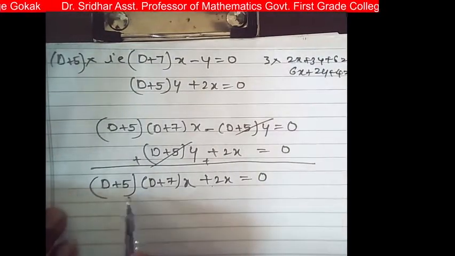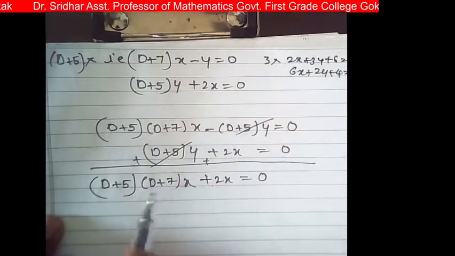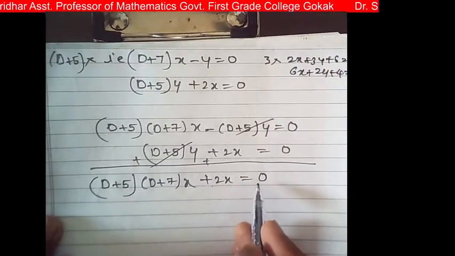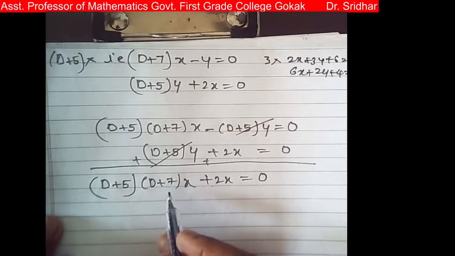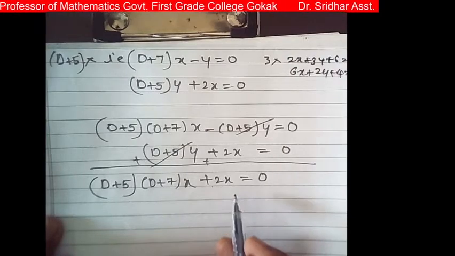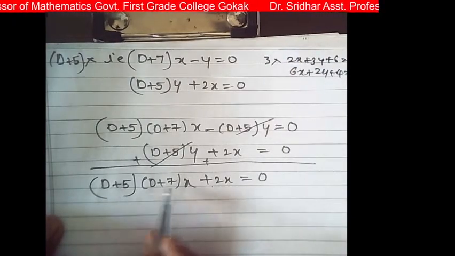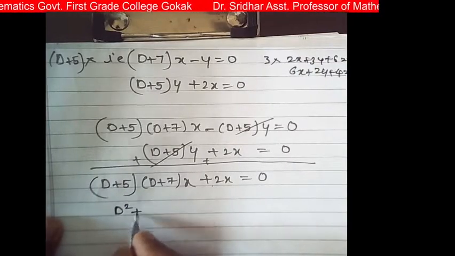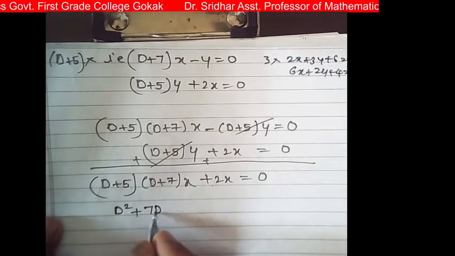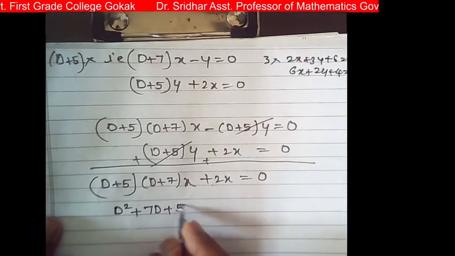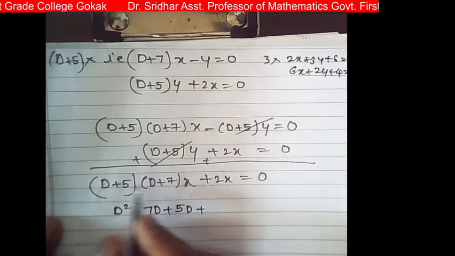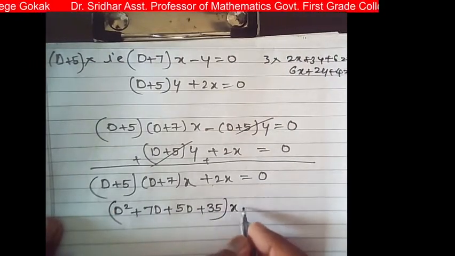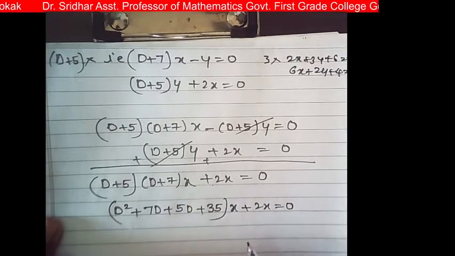Adding these two, we get this equation, and these two terms are cancelled because they are the same terms with opposite signs. So we get (D+5)(D+7)x + 2x = 0. Now I multiply these two terms: D squared, plus D into 7, that is 7D, plus D into 5, 5D, plus 5 into 7, that is 35, into x, plus 2x equal to 0.